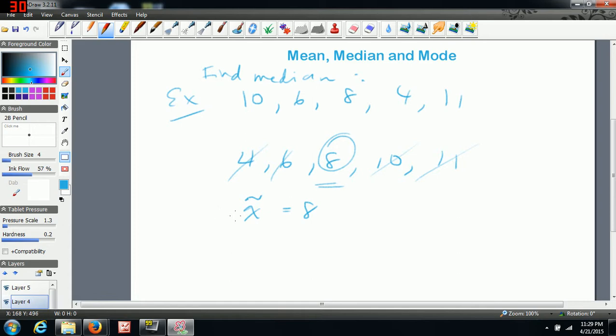Now another unit of measure that's commonly used is called mode. And the mode is the value that occurs most frequently in a data set.